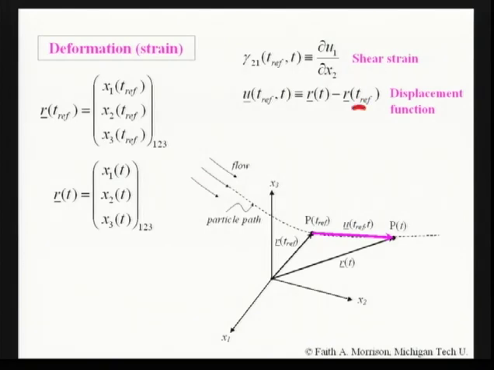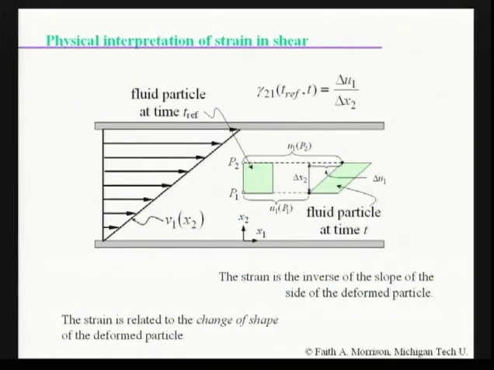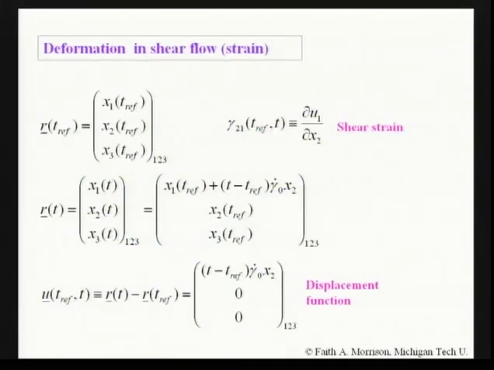So all we need is this displacement function. Once we have it, we can then take this derivative and get the shear strain, and that's what we did. So we wrote the displacement function by looking at the geometry. The position at time t_ref is just a given. The position at some later time is the initial location plus the change in location, because this is shear flow and it's a very simple flow.